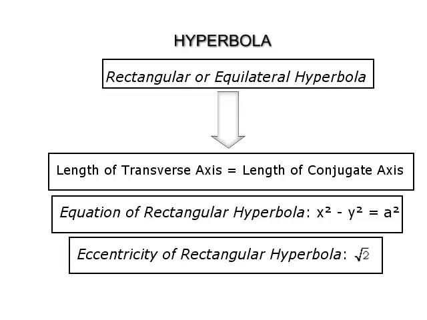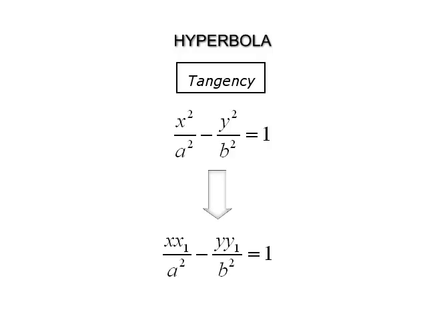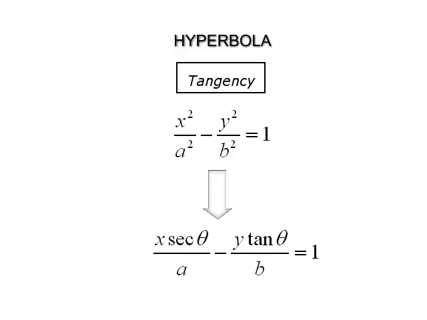Tangency. Equation of tangent to the hyperbola x square upon a square minus y square upon b square equal to 1 at P (x1, y1) on it is x x1 upon a square minus y y1 upon b square equal to 1, whereas tangent at P of theta is x sec theta upon a minus y tan theta upon b equal to 1.